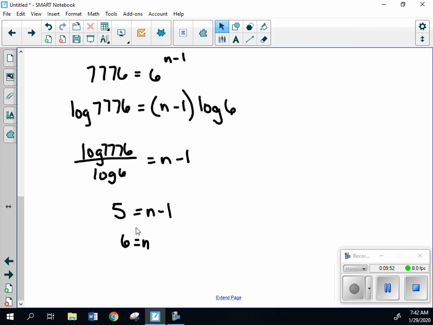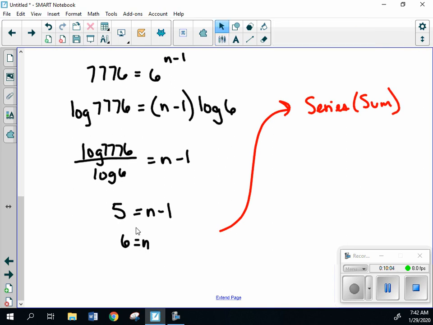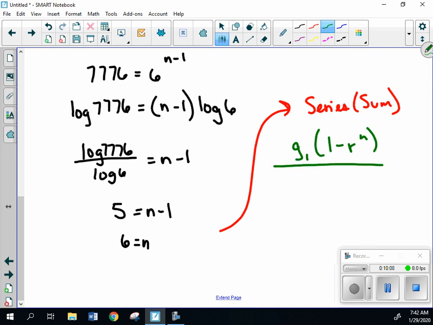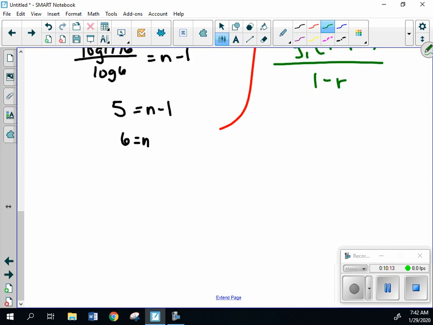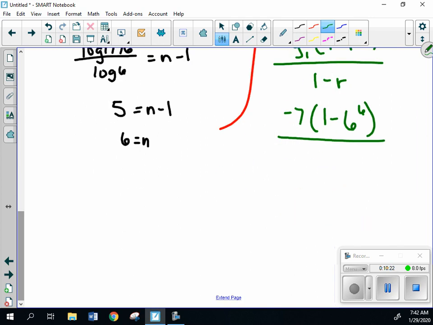I have enough information now to find my series, aka my sum. Remember, this is our general formula here. In this case, g 1 was -7. We have 1 minus 6 to the power of 6, divided by 1 minus 6.